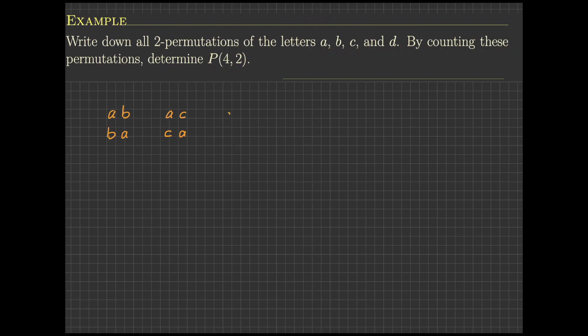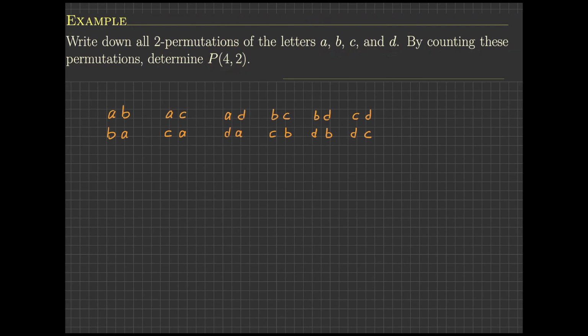I can still choose A and D, and then I can arrange that as AD or DA. What else? I can choose B and C. I can write it as BC or CB. I can choose B and D. I can write BD or DB. And finally, I can write CD and DC.